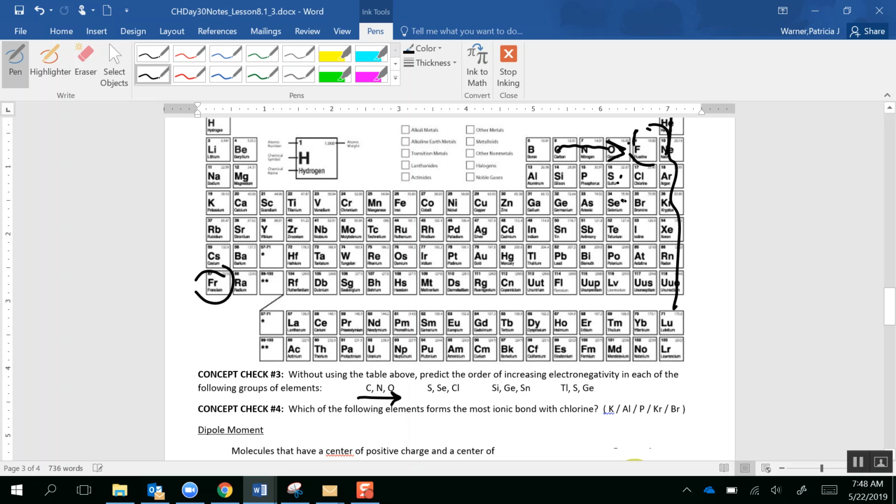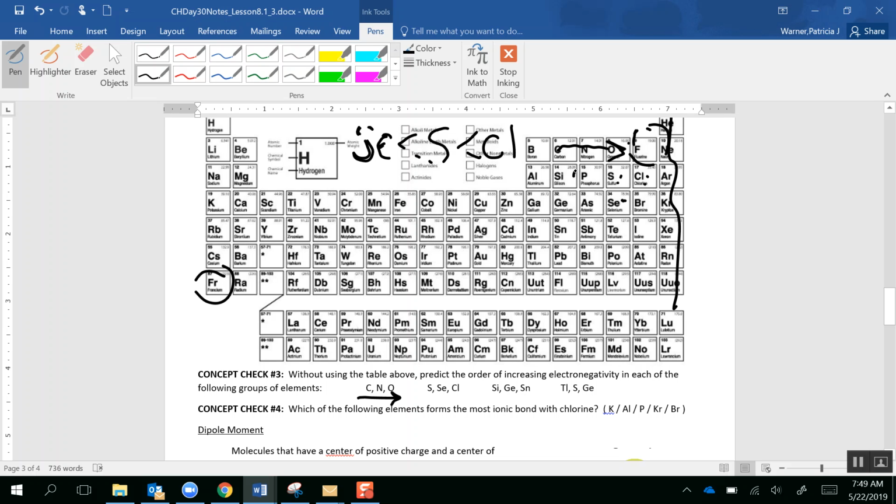Se, S, and Cl. Which one's farthest from fluorine? It's Se. So Se is the smallest, and then we have S, and then we have Cl. It's just the proximity to fluorine that indicates the highest electronegativity.